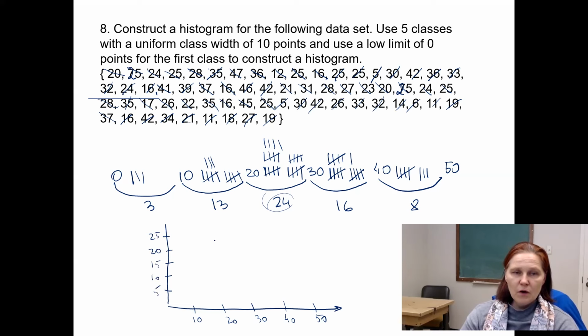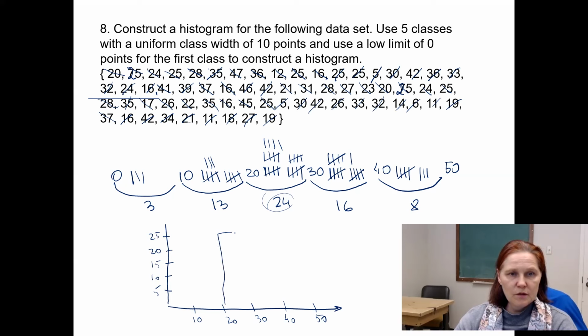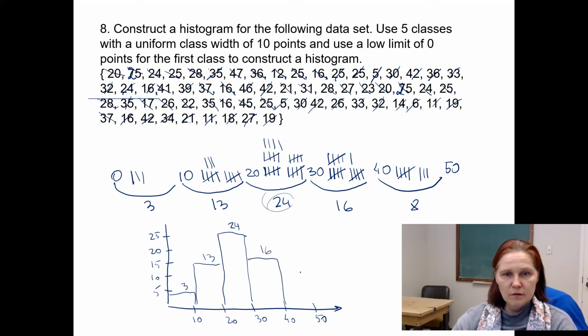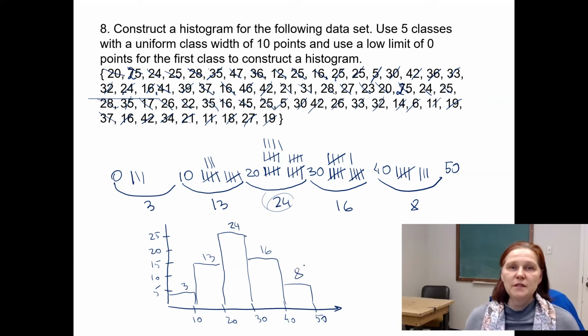The height of the bar from 20 to 30 will be almost 25, so 24. The neighbor bar will be 13. Here will be only 3. Then from 30 to 40 we have 16. From 40 to 50 only 8. So this is the histogram representing this data set.